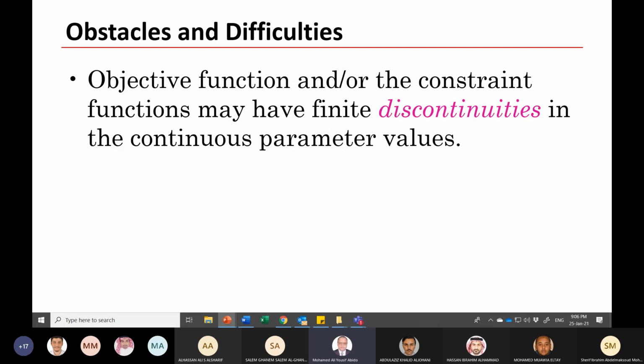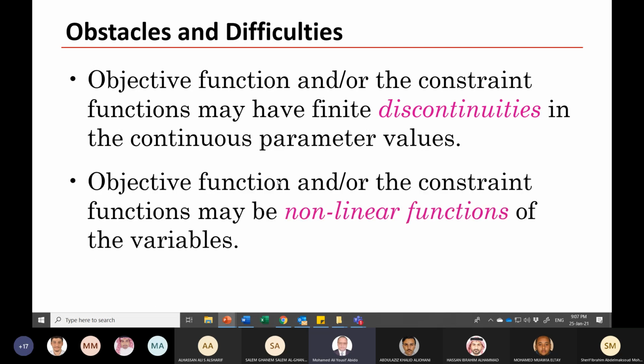And as you will see later on, when we have these evolutionary computation techniques, they search the space without considering whether the variables or the functions are continuous or discrete or smooth or non-smooth, whatever the restriction. Okay.